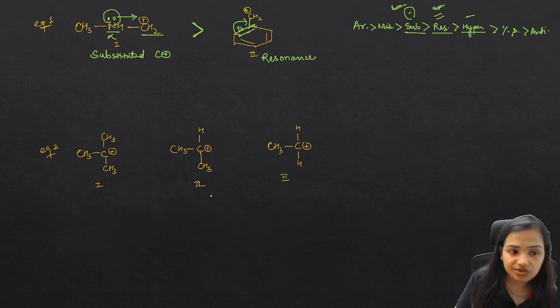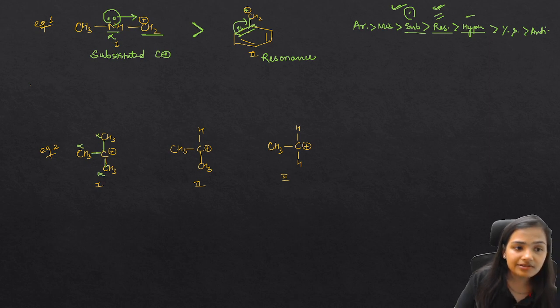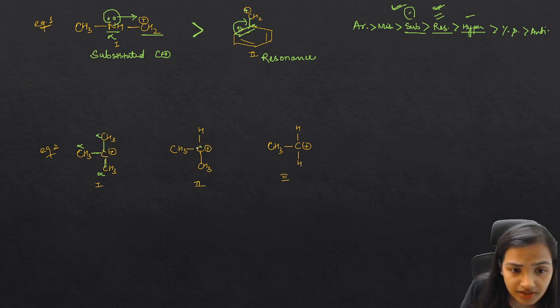In the question number 2, we do have a carbocation, and here in this carbocation, this is the alpha position, alpha position, alpha position. There are 3 alphas. Okay, there was only one alpha, but this alpha is also the same. And here this is a carbocation, this is the alpha position, and this is the alpha position.